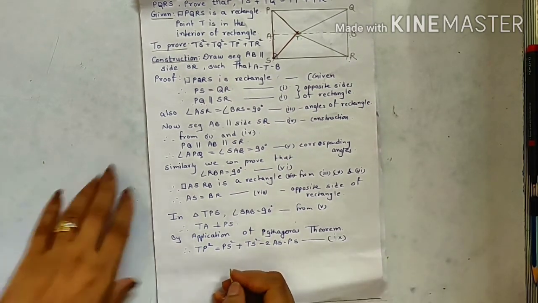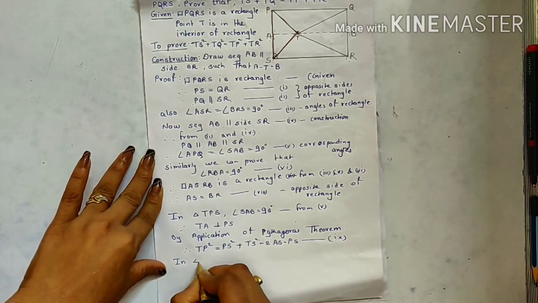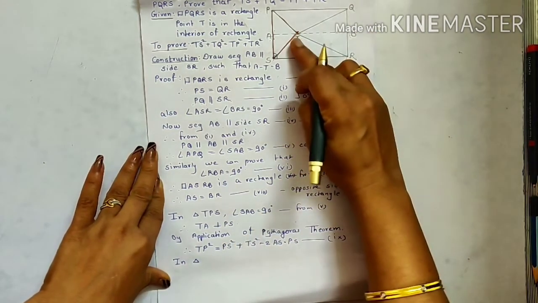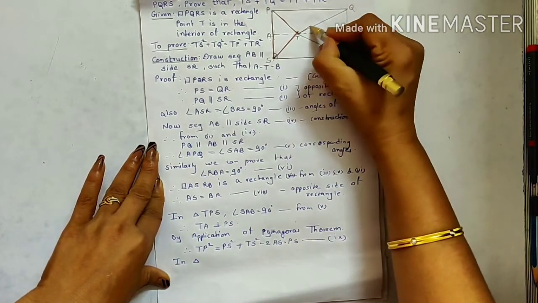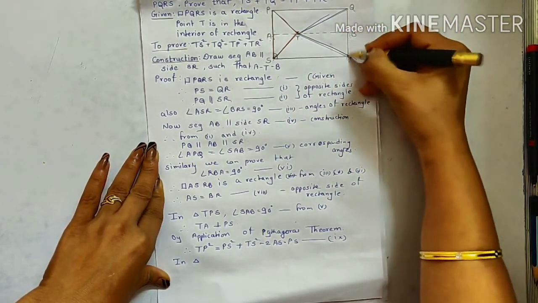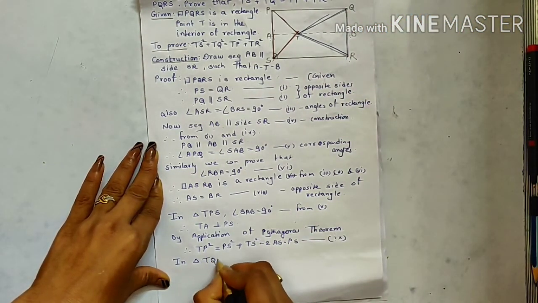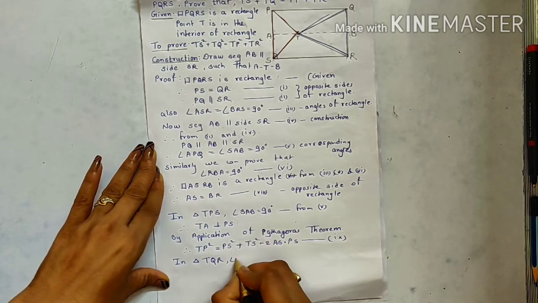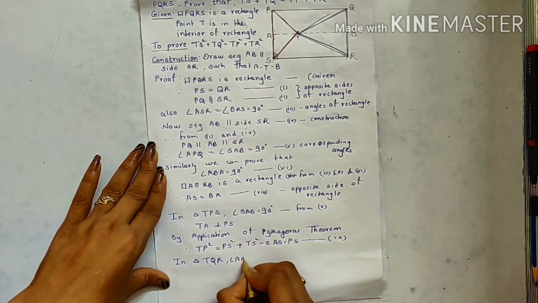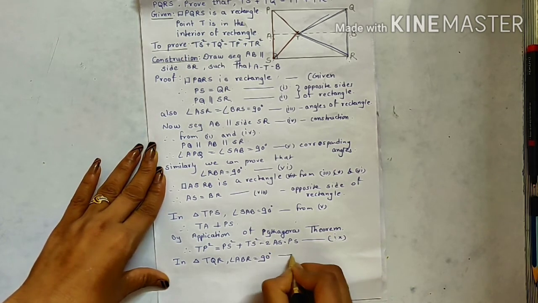Now consider triangle TQR, this triangle TQR. Again angle ABR is equal to 90 degrees.